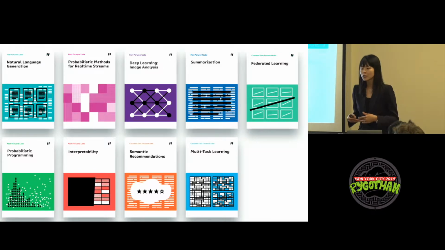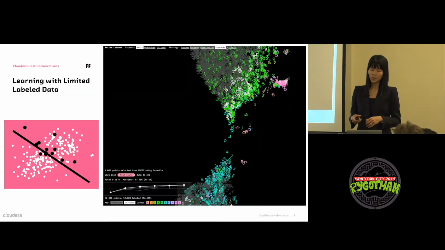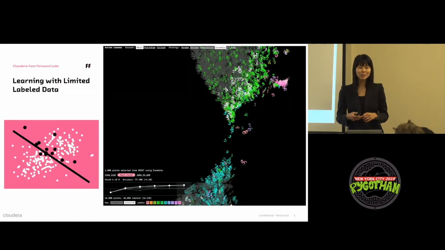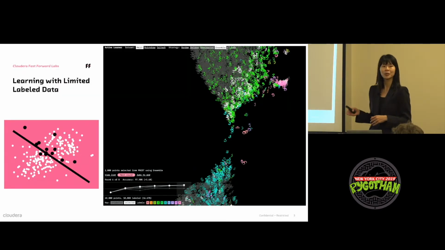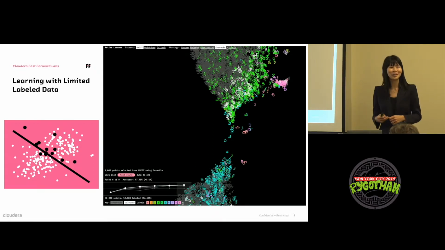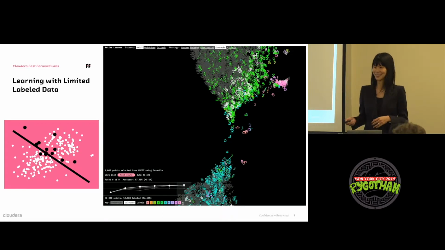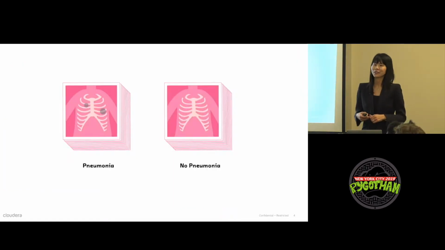In these projects, we essentially consume our own research and use it to enable our clients to be more innovative and efficient. With that, today I'm going to spend some time to talk through our report, Learning with Limited Label Data, and I'll also show you this really cool prototype that our GUI wizard built. His name is Grant. So let's get started.